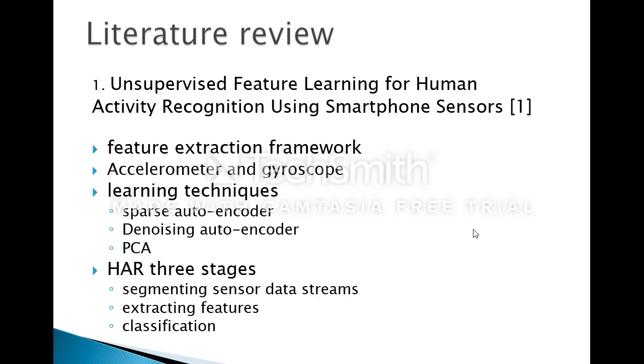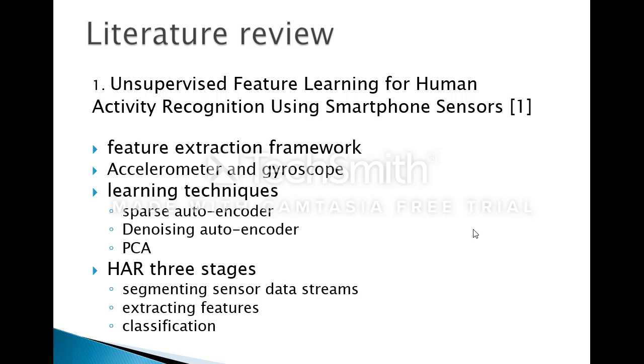As with any pattern recognition task, the keys to successful HAR are appropriate feature representation of the sensor data and a suitable classification algorithm. They assess the execution on an open human activity recognition dataset, and also contrast the technique with conventional features and another method of unsupervised feature learning.